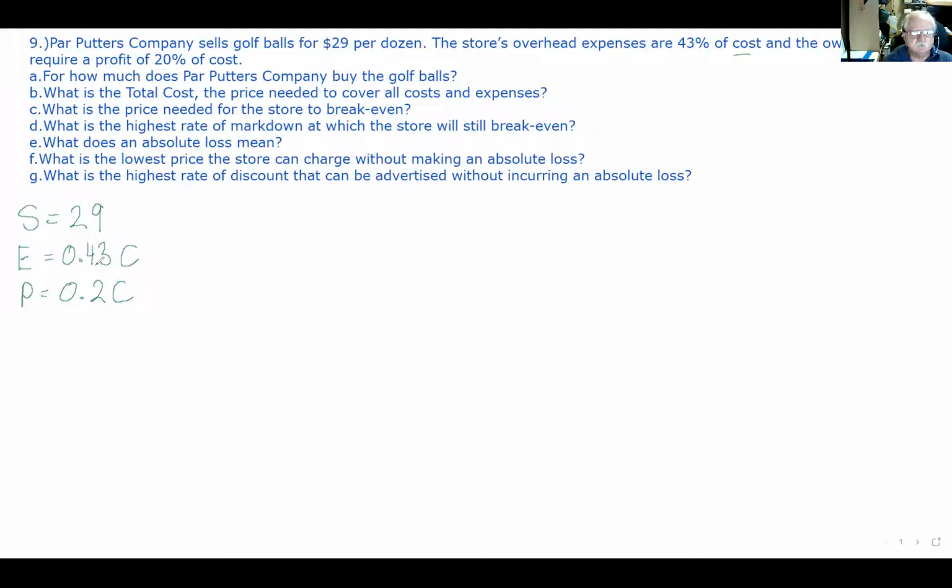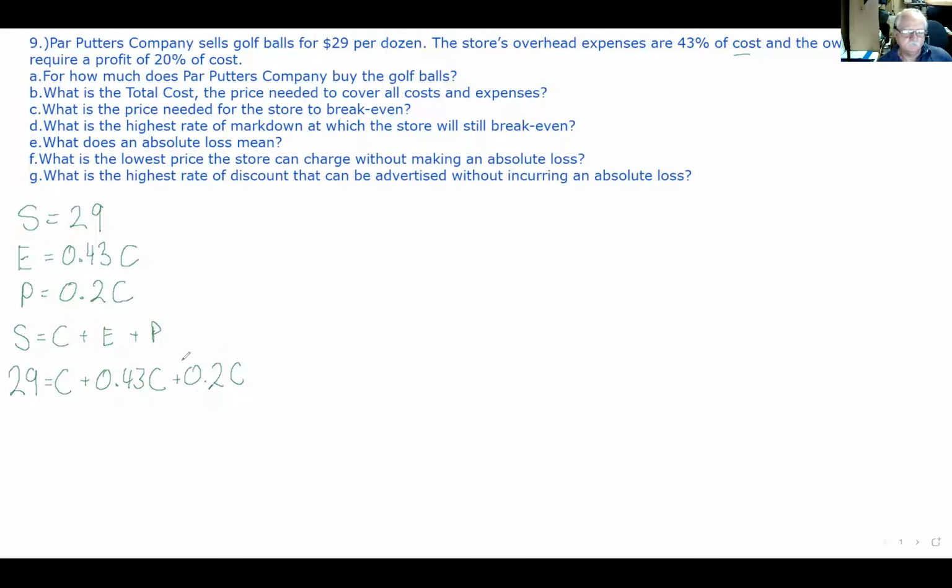So armed with this information, we can determine how much they bought the golf balls for, because we can go back to this equation, S equals C plus E plus P. We know 29 equals cost plus 0.43 cost plus 0.2 cost.